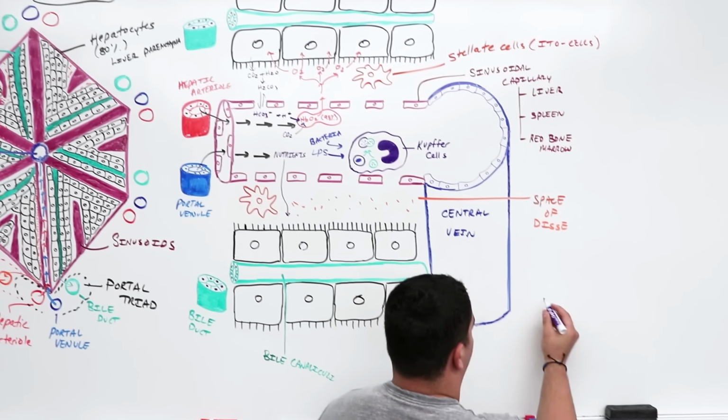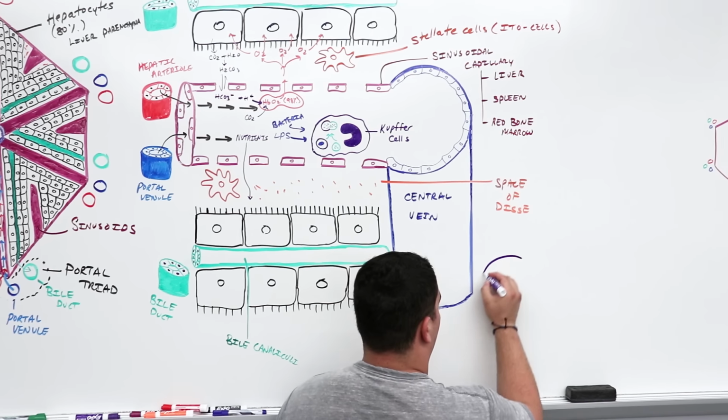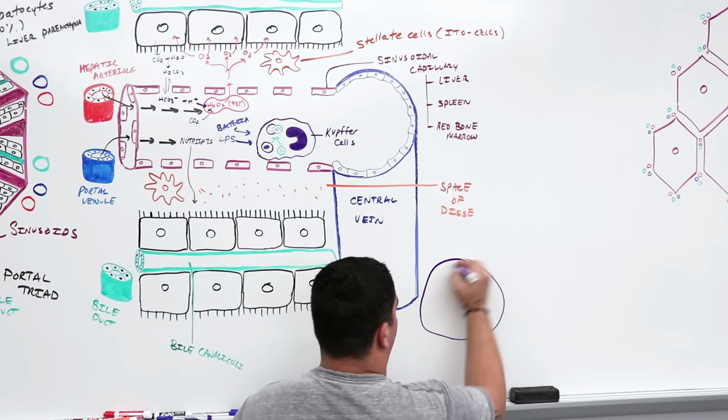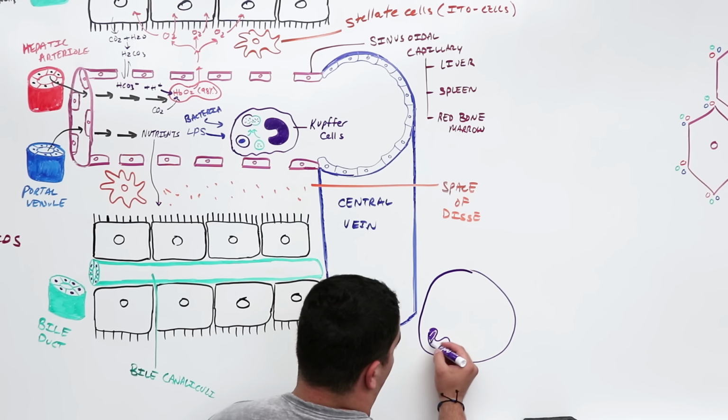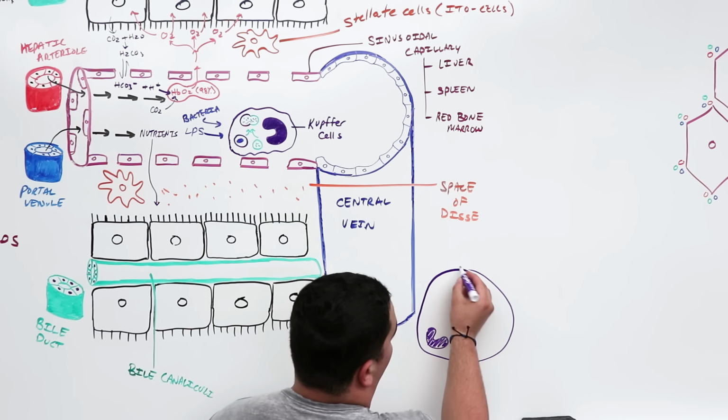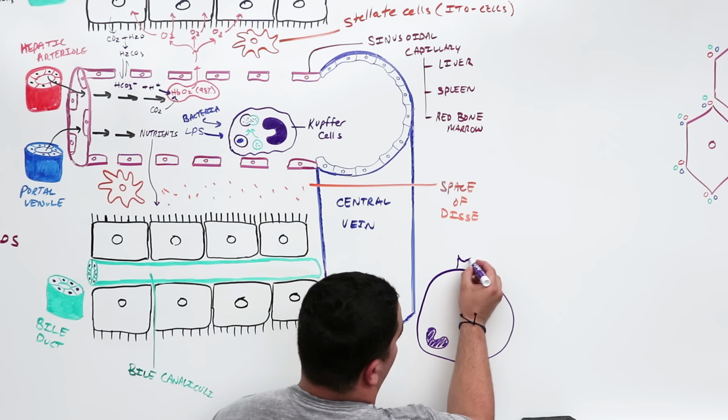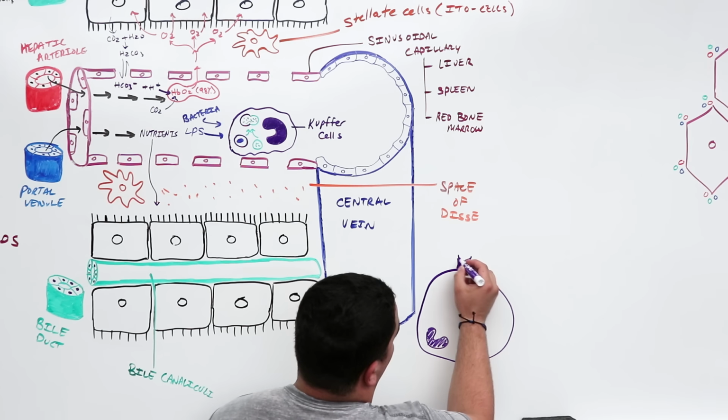Here I'm going to have a Kupffer cell. Let's say here's a Kupffer cell. Okay, there's my Kupffer cell. Here, I'll draw its little nucleus there. Okay? And then what happens is, on its membrane, it has particular proteins, like these protein subunits here. And these proteins are very, very specific.